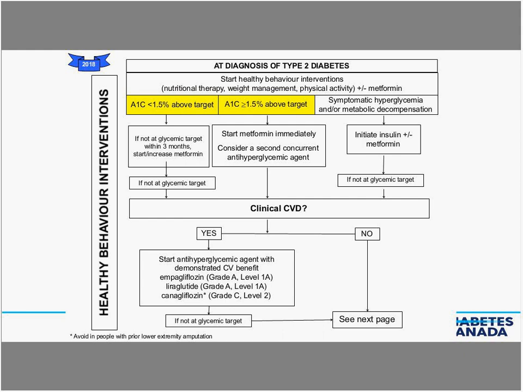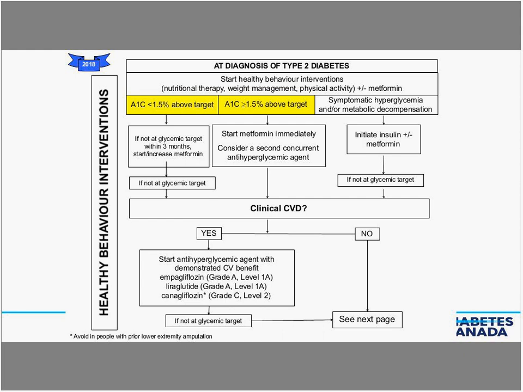So, for example, if you have somebody who's newly diagnosed with diabetes who happens to be 82 years old with multiple comorbidities and a limited life expectancy, and their target A1C would be 8.5% or less, and if they're sitting at 6%, then in fact, their A1C is less than 1.5% above target. So you would be less aggressive with that individual than if it was a 35-year-old with type 2 diabetes with no other comorbidities.